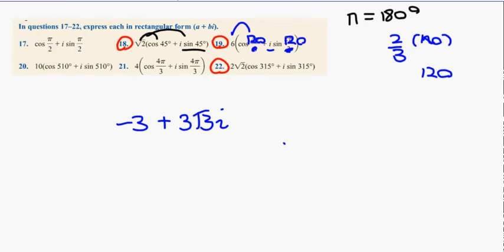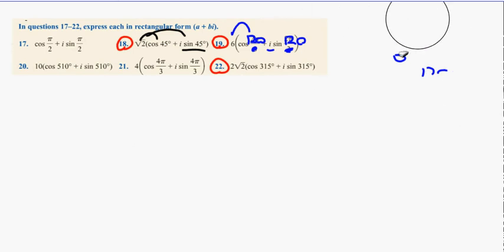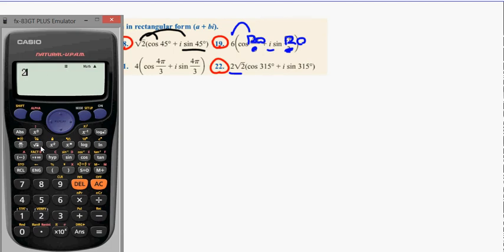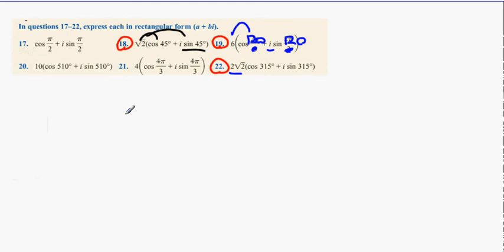Okay, so let's try another one out. What about number 22 for example? In number 22 we have 2 root 2 cos 315, so 2 root 2 cos 315. What we get here is 2.